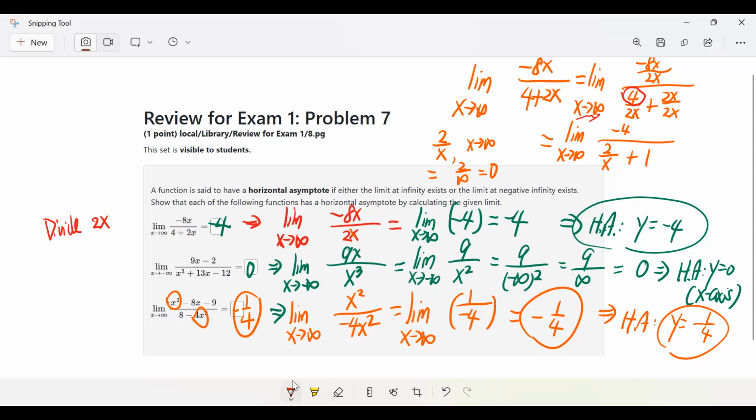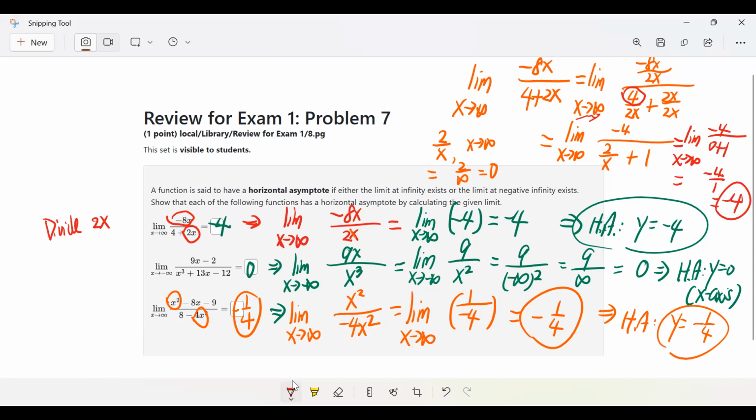The only significant terms are this leading term here and the leading term here, and those two terms determine the end behavior. Using the textbook method, you also get to that. So if you want to use the textbook method, no problem with that. Now, as you can see, this is 0, so you get negative 4 over 0 plus 1. It's negative 4 over 1. That's negative 4.